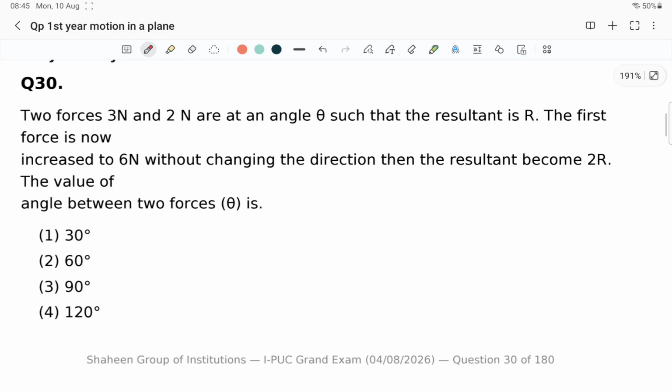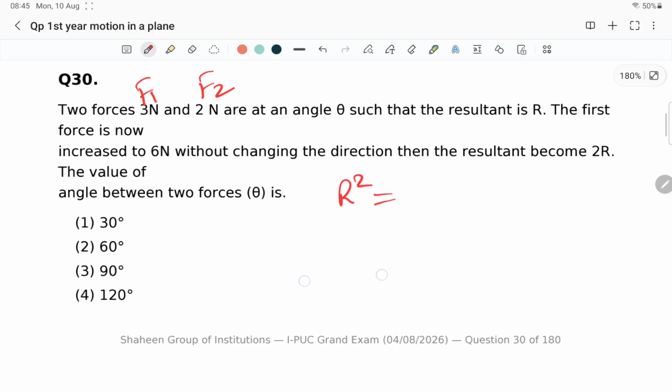Question number 30. Two forces, 3 Newton and 2 Newton, are at an angle theta such that the resultant is R. The first force is now increased to 6 Newton without changing the direction, and the resultant becomes 2R.